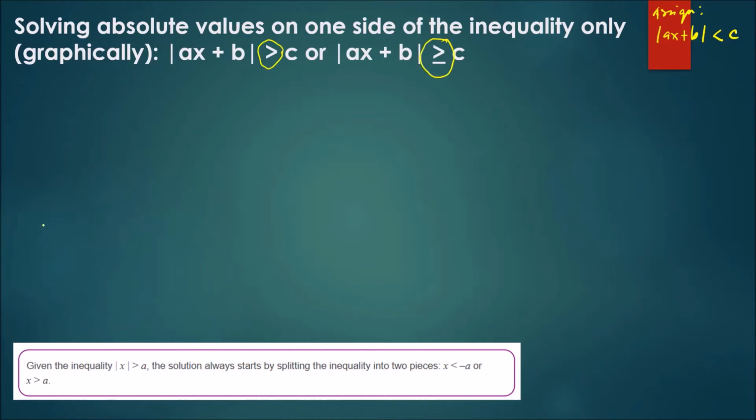So, for example, we have the modulus of x greater than 3. So, how are we going to solve this graphically?